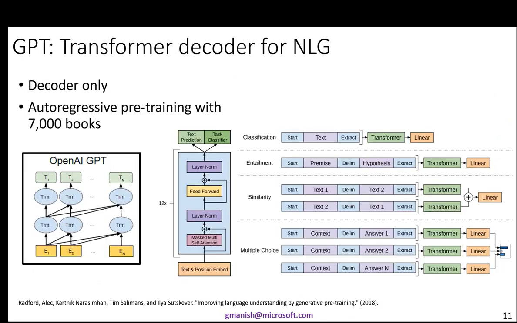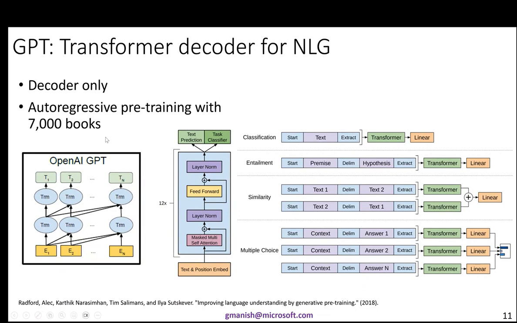On the other hand, for natural language generation, people came up with GPT. The same OpenAI came up with GPT in 2018. They said, we'll only care about the decoder part of the transformer, and that will be our GPT model. You could pre-train it on autoregressive modeling, in simple words next word prediction, with 7,000 books.